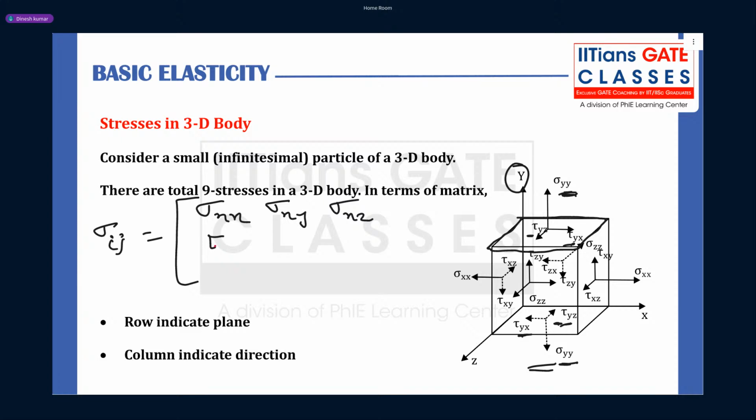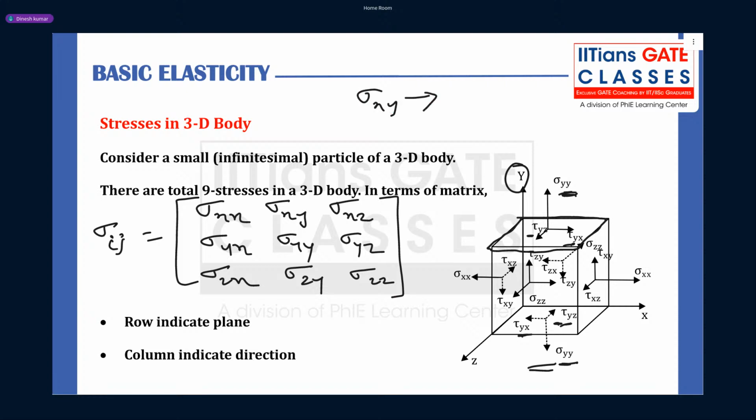Then sigma yx, sigma yy, and sigma yz. Then the last row will be sigma zx, sigma zy, and sigma zz. Clear, everyone? This is the stress matrix.